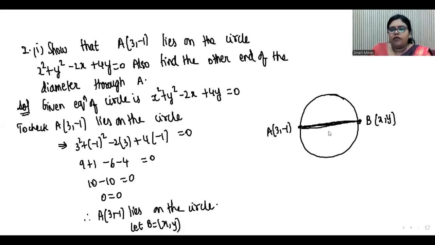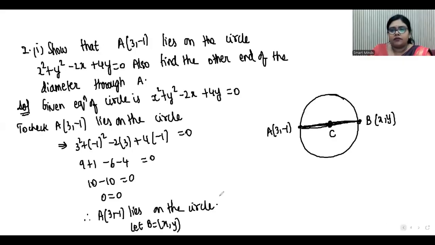Now we know that the center is the midpoint. So center C is the midpoint of AB. Now let us find out the center first. Let us name the circle equation as equation number 1.